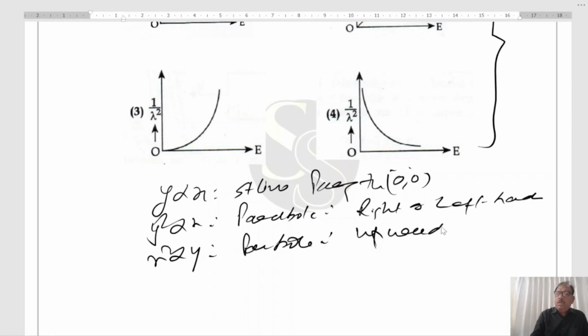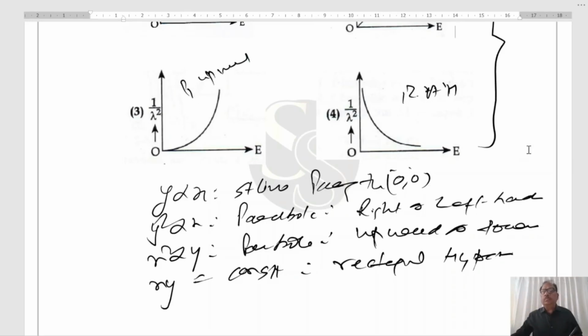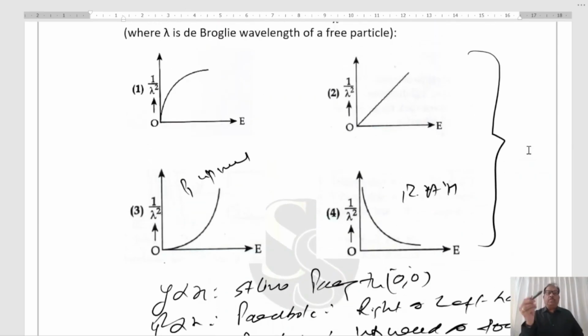Upward and downward. And xy equal to constant is a rectangular hyperbola. Now in this case, this is a rectangular hyperbola. This is a parabola upward, this is also a parabola upward, and this is a parabola downward.